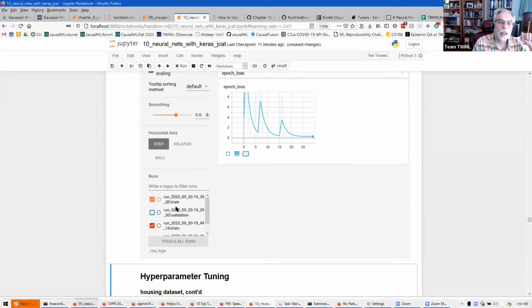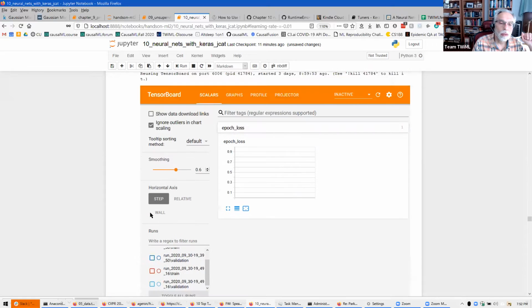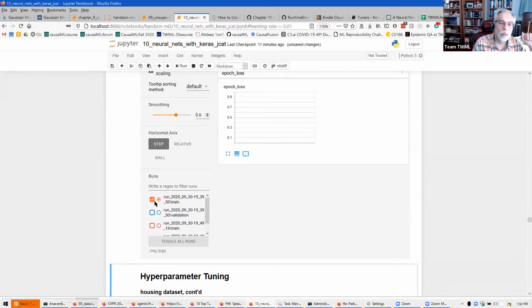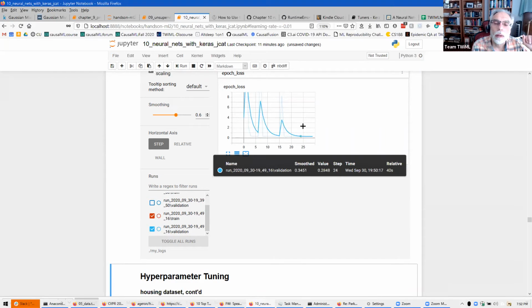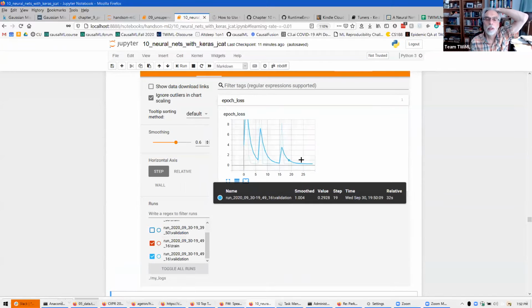Let's see, what does this look like? So apparently it remembers something about 4 runs that I've done. I can't see the timestamps, but the last 2 are the only ones we're interested in, the ones we just finished doing. And I must say I don't understand why the result looks like this.